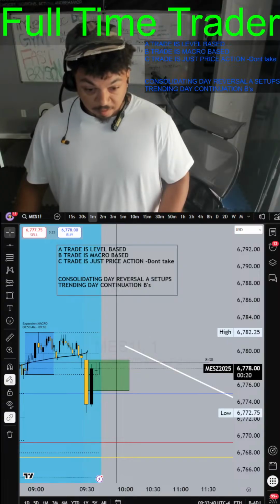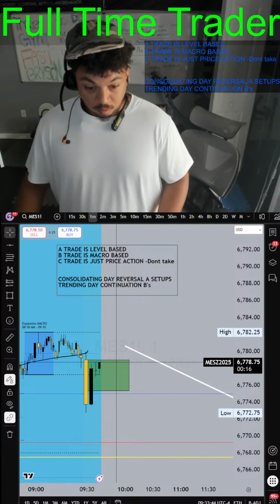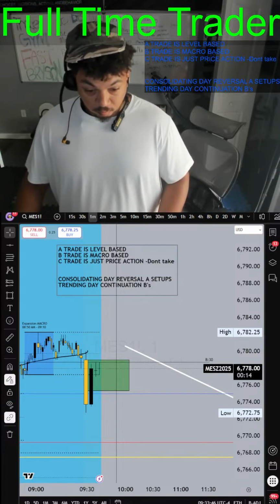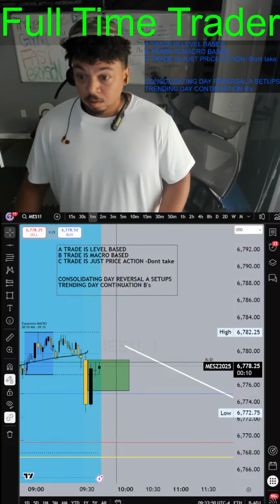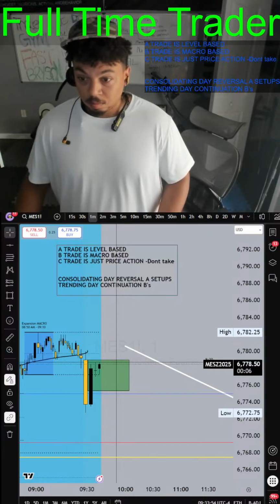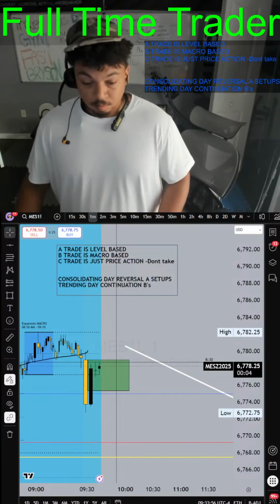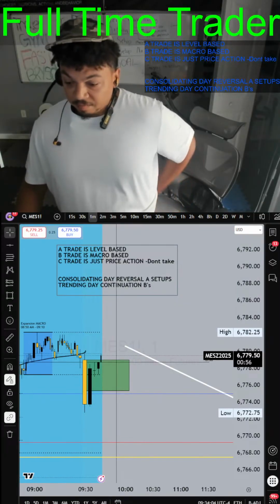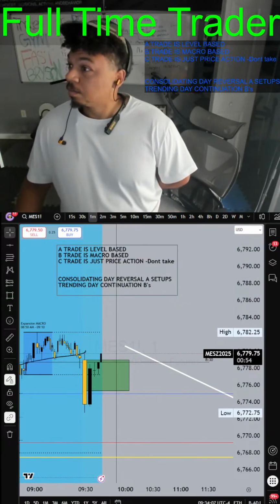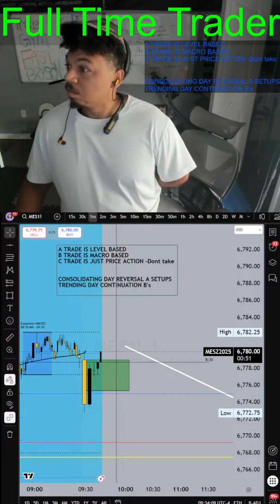Stop is about 5 points off of the 830 level. Let's see if we get the continuation. The 830 level might get violated, so this trade might not work. Gotta see.